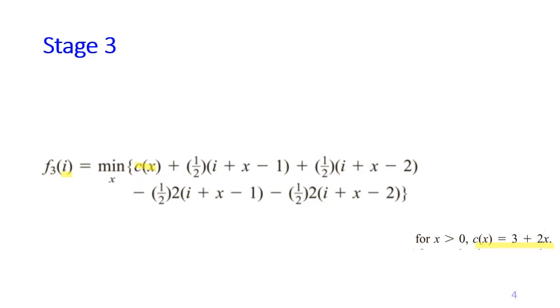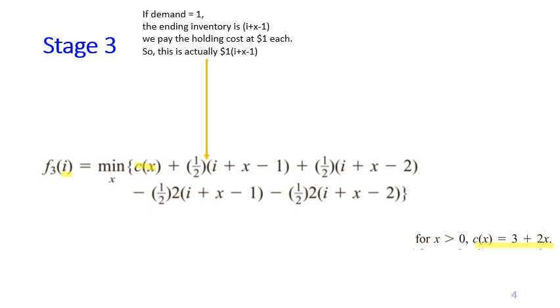Let's move on to holding cost. If the demand equals 1, our ending inventory is I plus x minus 1, because I is what we have at the beginning of this month, plus x is what we produce this month, minus 1 is the demand. So the ending inventory is I plus x minus 1.